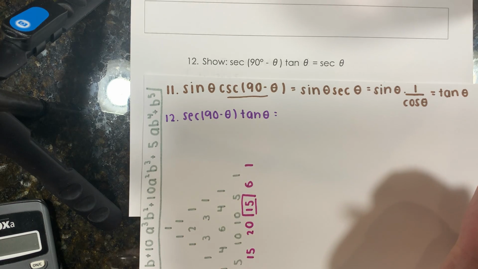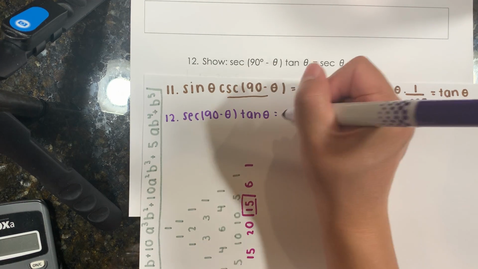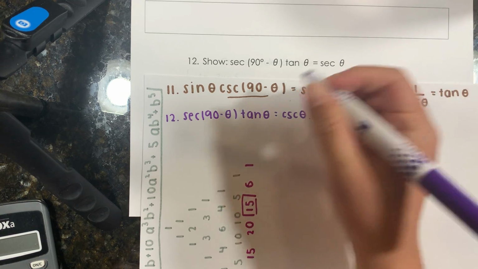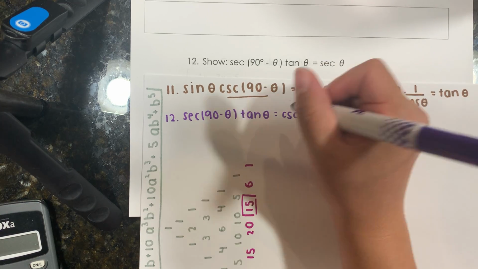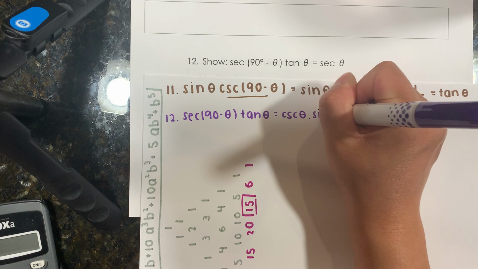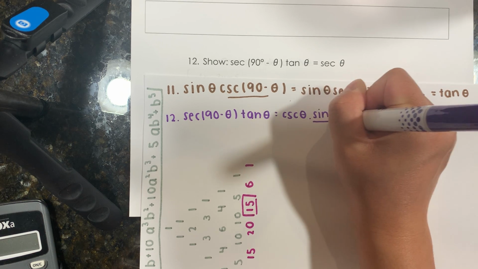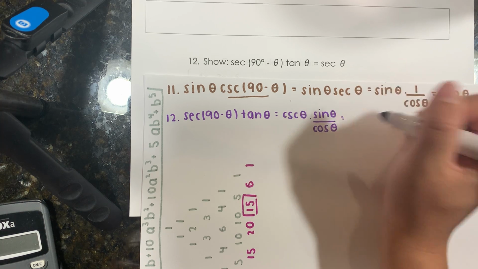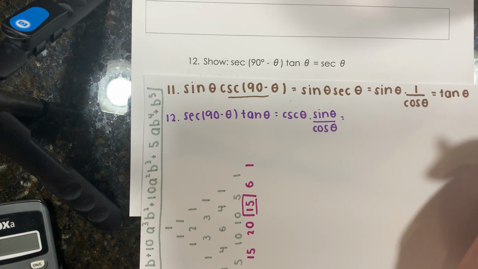So secant of (90 minus theta), the inverse, is going to be cosecant of theta. And tangent, like we found up on the last one, would be sine over cosine. Now cosecant is the inverse of sine.